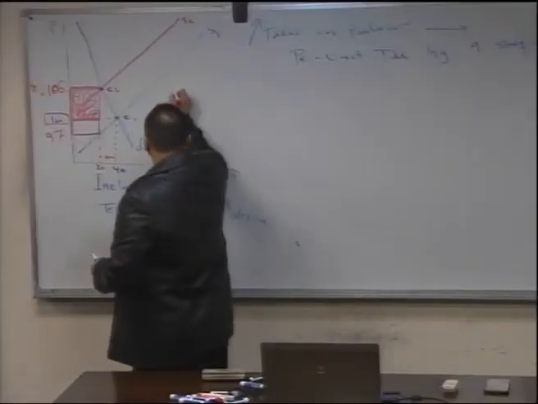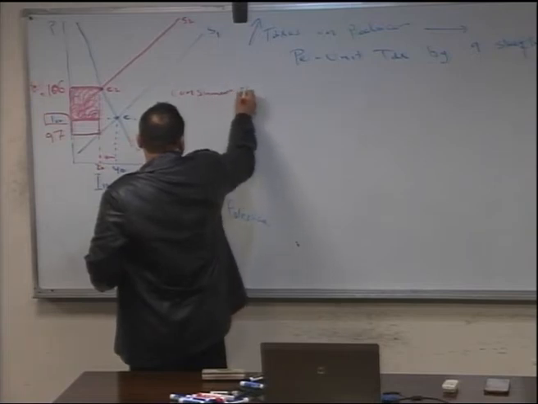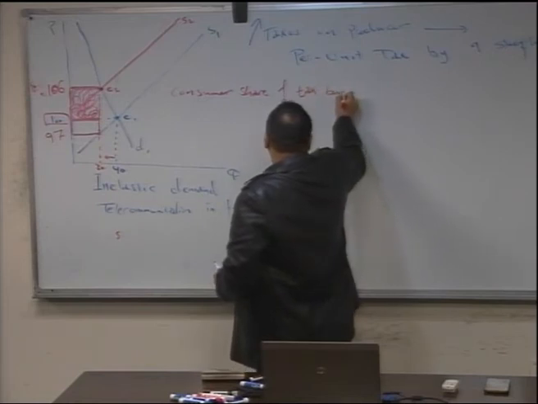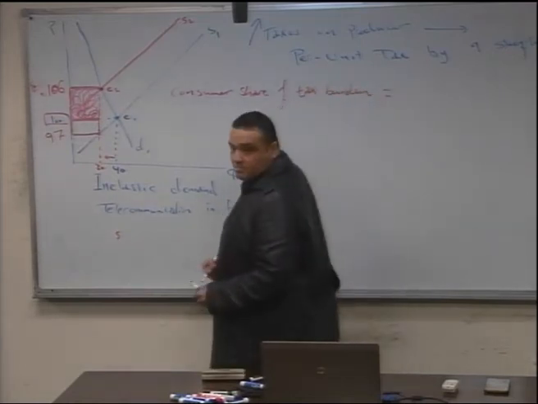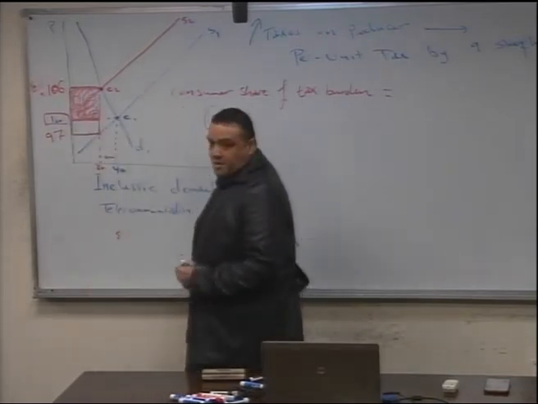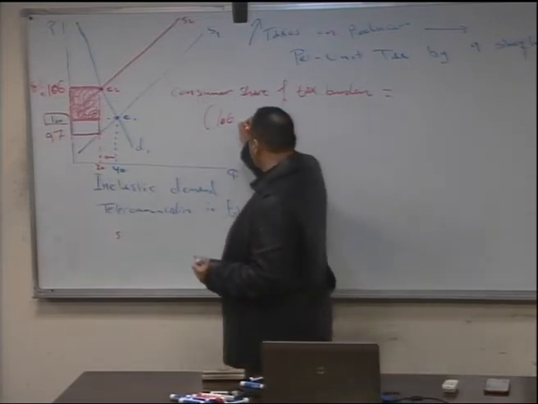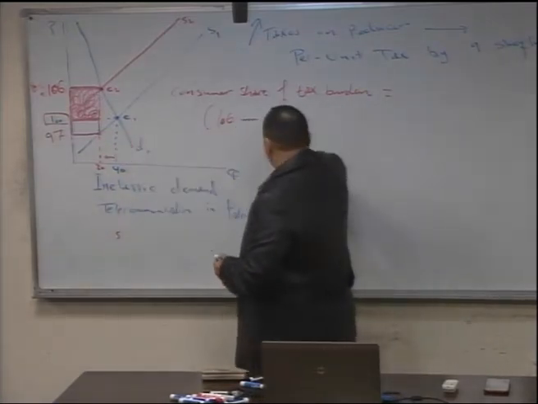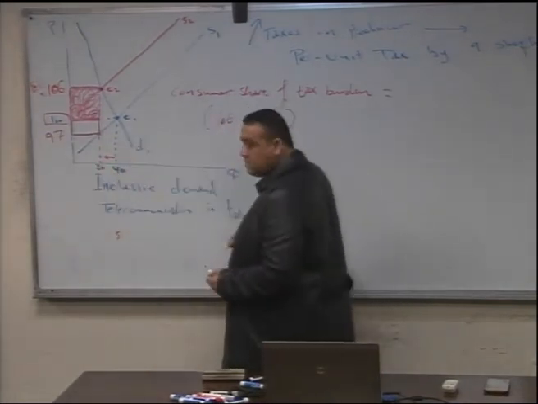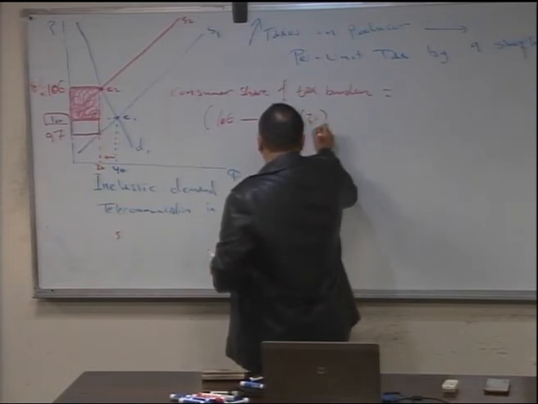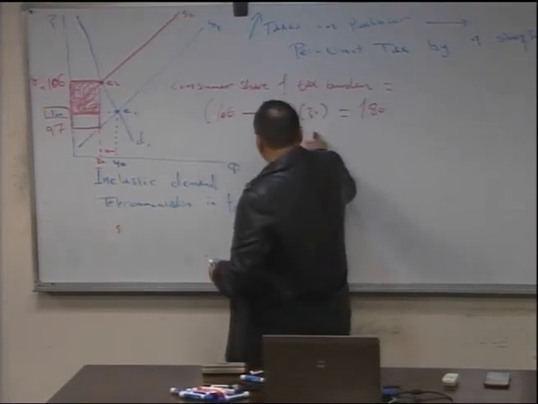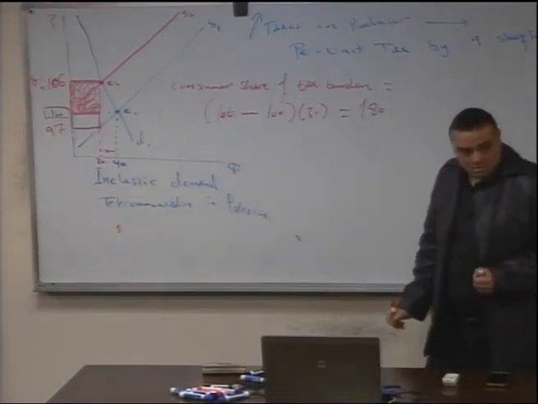Tamam? So the consumer share of tax incidence equals 106, the price paid by the consumer, minus the original equilibrium price, 100, times the quantity, 30, equals 180. 6 times 30 is 180.